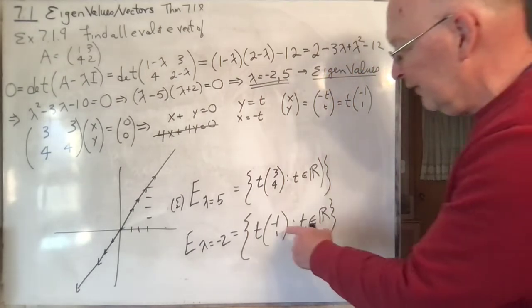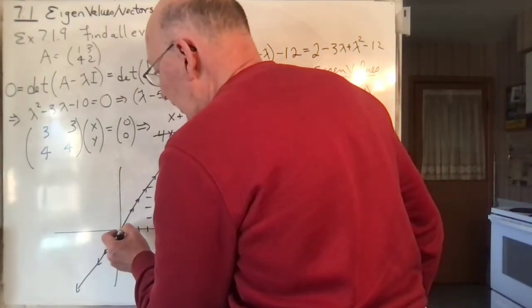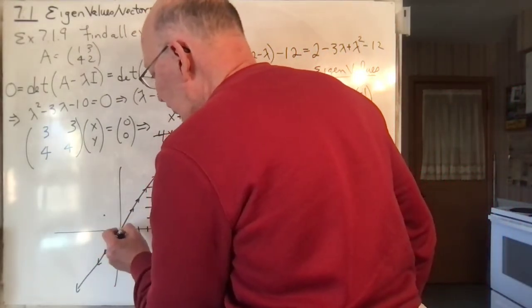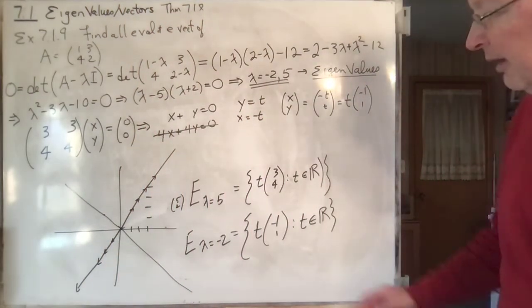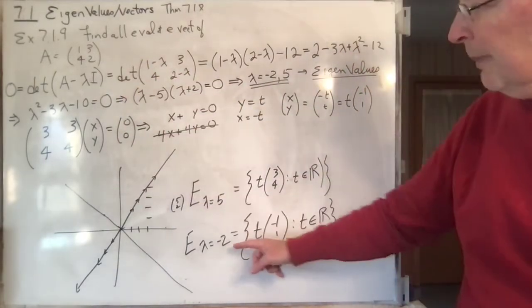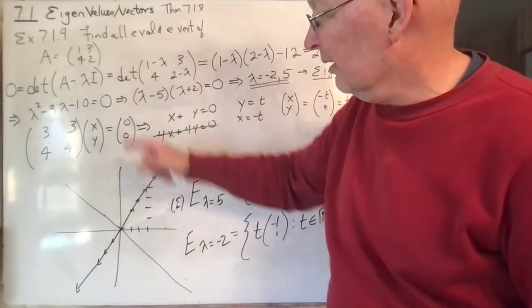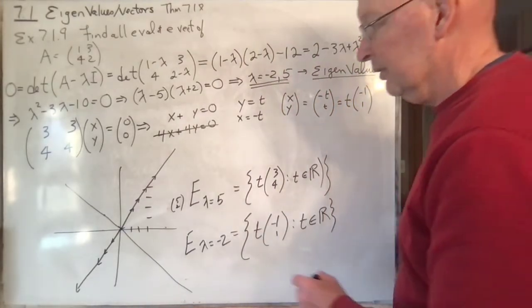On the other hand, if you take anything along the line (-1, 1), which means that the x is -1 and the y is 1. So anything along this line, there's that line right there. What happens if you stick anything in there into this thing? What will happen to it?